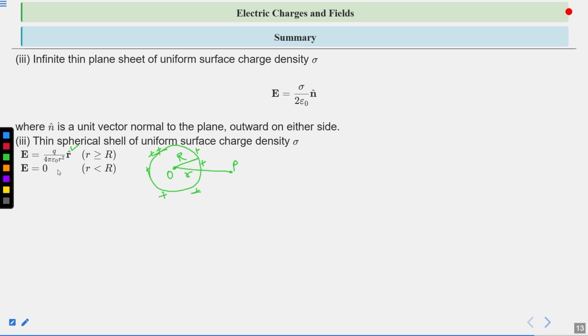Yes or no? And E is equal to 0 if the point lies inside the spherical shell. So both cases are very important.